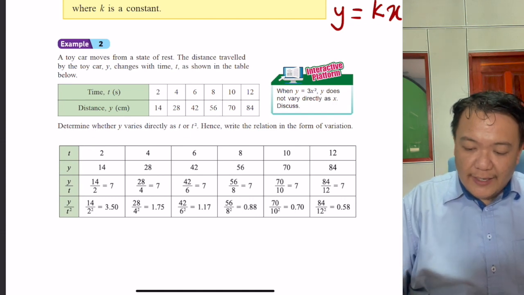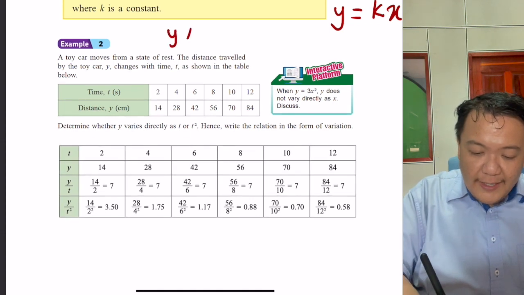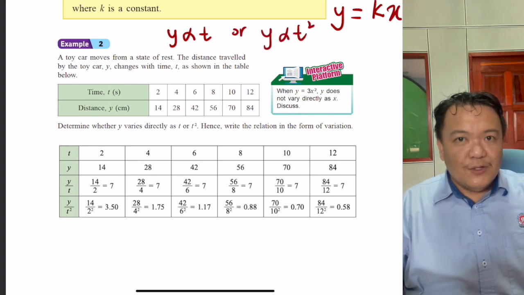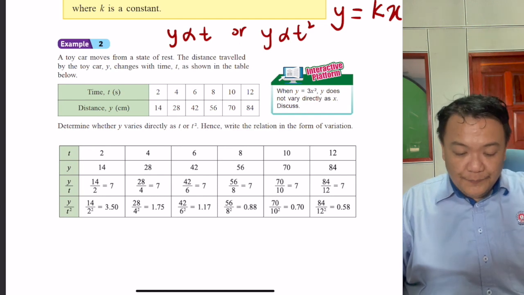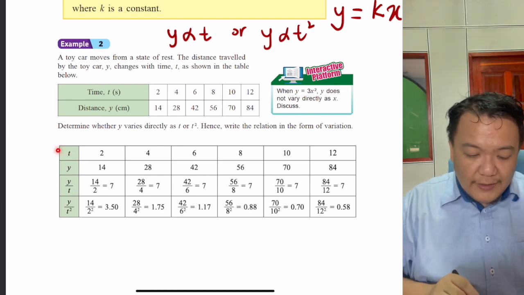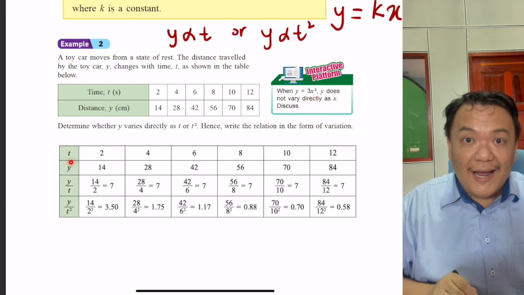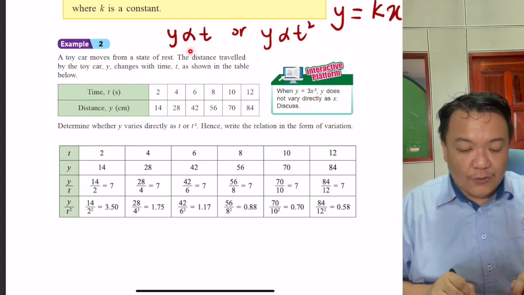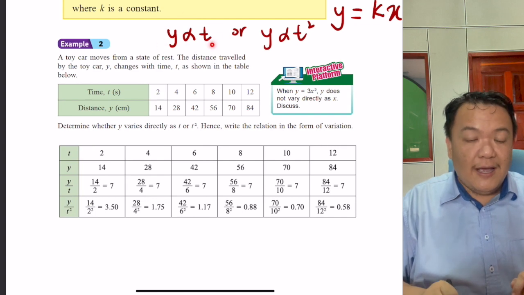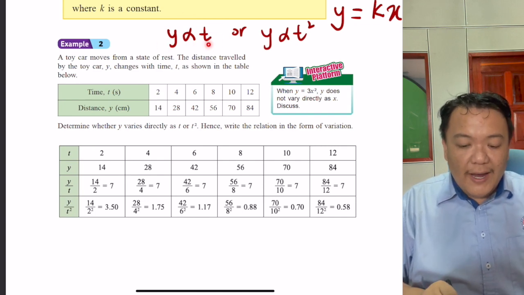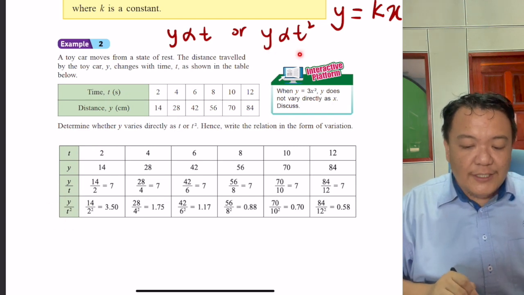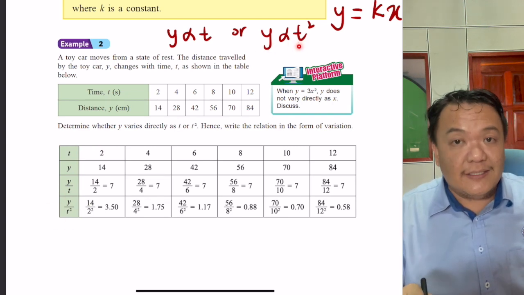So it means, okay, either Y varies directly as T or Y varies directly as T square. So you need to construct a table, okay, which consists of T, Y, and then first you need to divide Y divided by T in order to get this first part. Okay, we want to look either Y varies directly as T or Y over T square. Y varies directly as T square.